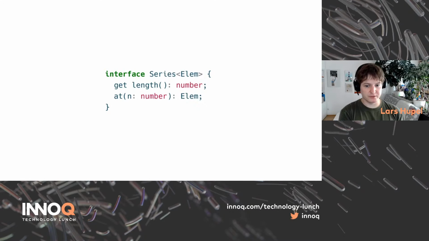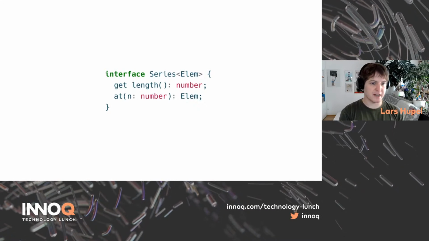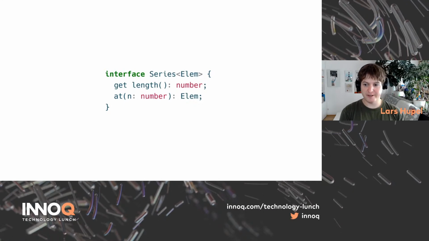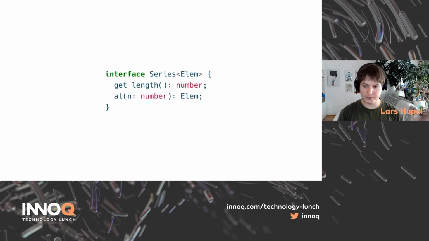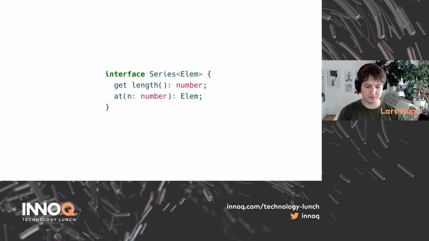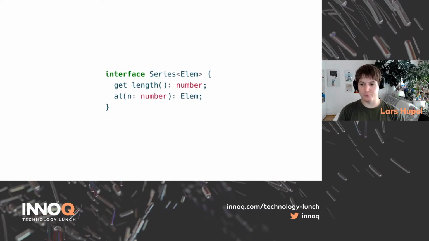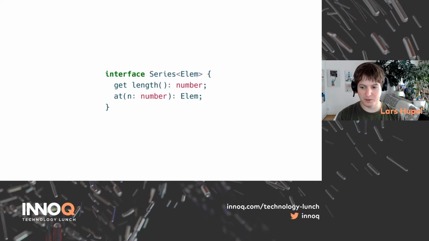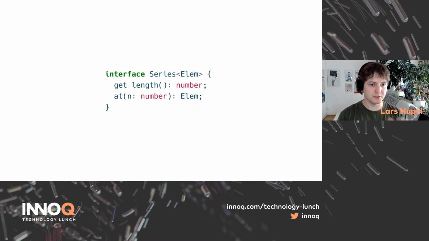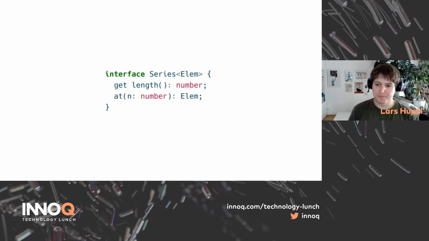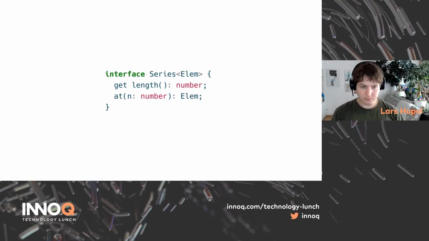If we were to throw an exception, we could do that in this type signature. If we want to return undefined, we would have to specify that concretely, because if you switch on all the safety checks from TypeScript, then it would not allow you to return undefined if undefined is not declared as a return type. So in that case, you would have to do a union of elem and undefined.